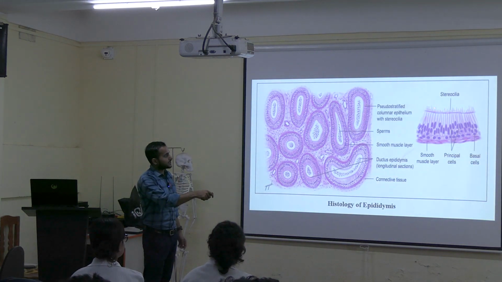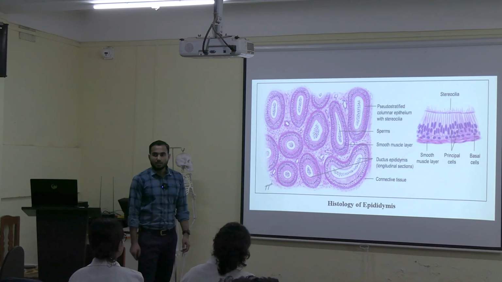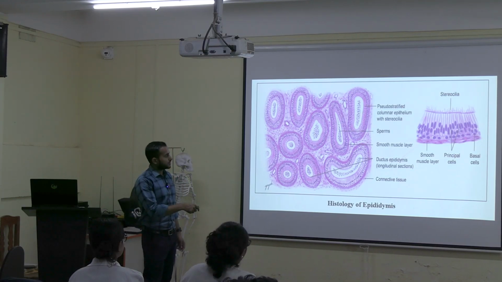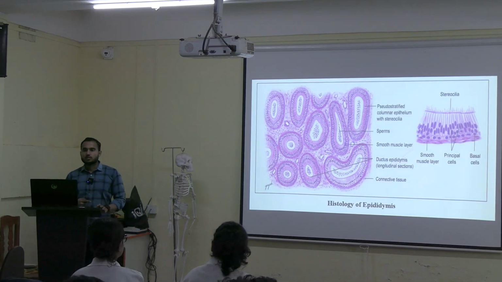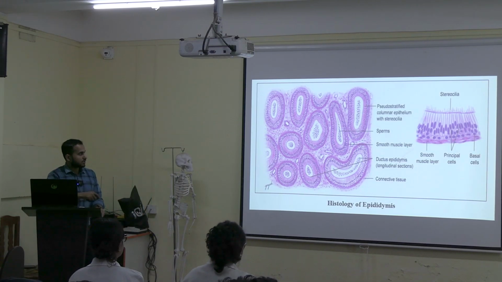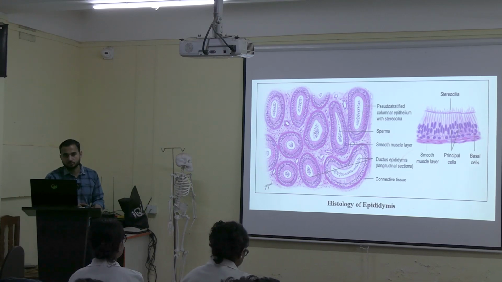In the principal cell, the stereocilia is present. See the principal cell tall, and at the basal part, you get the basal cell. Next to that, we get the smooth muscle layer. And around the cut sections, the connective tissue is also present.